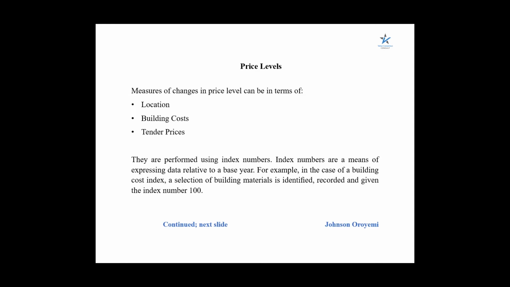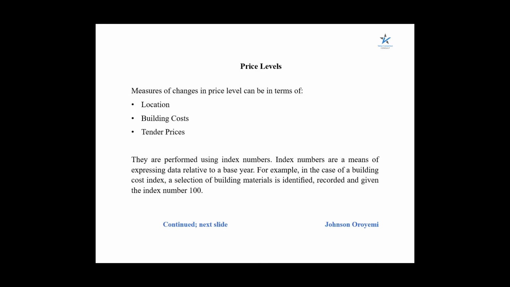When the economy is in boom, tender price will definitely go up because contractors have more projects at hand. But if we are in recession, definitely the tender price is going to be lower. So changes can be in terms of any of the three: location, building cost, and tender price.